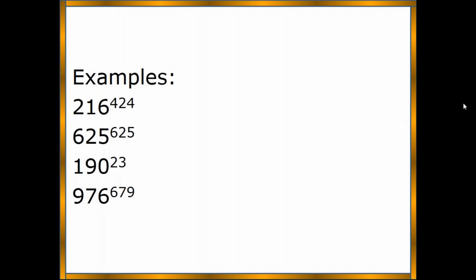216 whole power 424. We don't need to focus on the whole number; 216 whole power 424 can be written as 6 power 424. From point number 1, whatever the power of 6 is, the last digit should be 6.